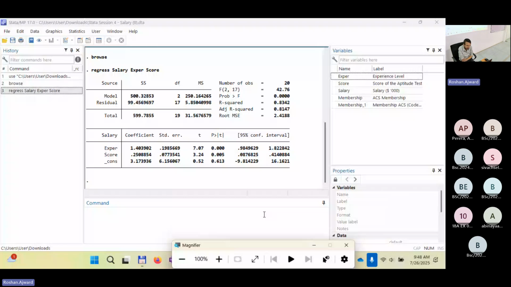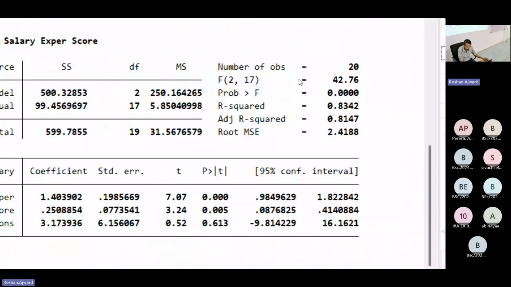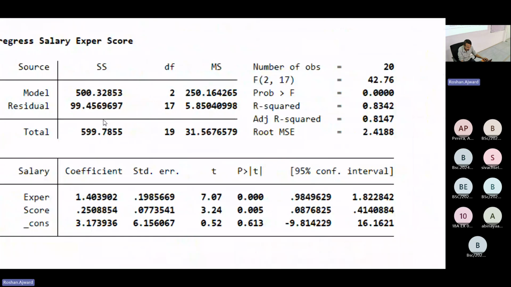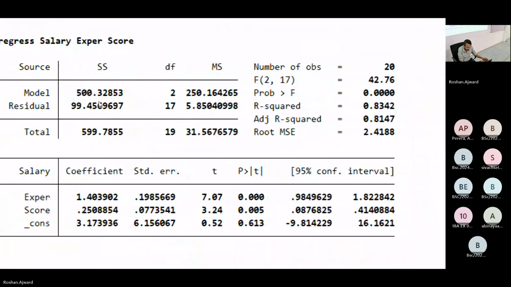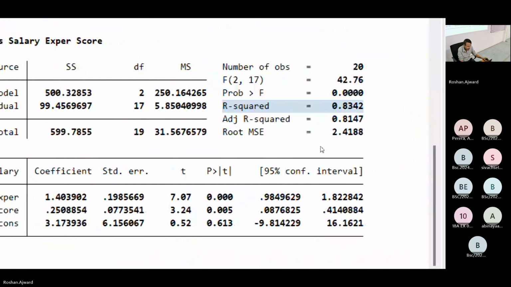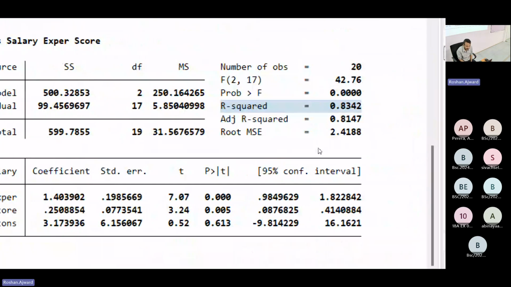The first thing that I would like to explain is something called R square. Can you see? Here you can see something called R square. So why not write down R square, R to the power 2.